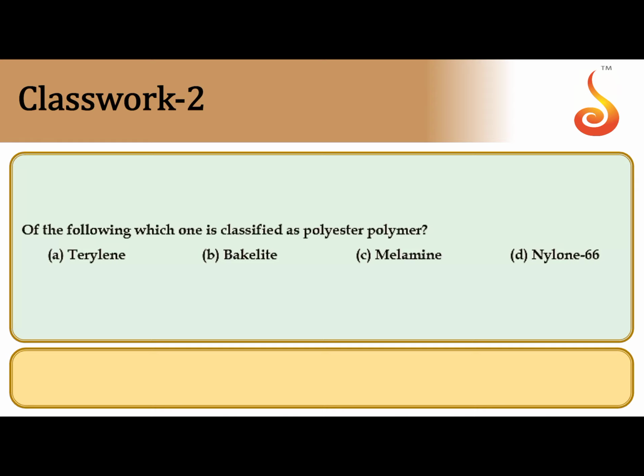Next one, which of the following is classified as a polyester polymer? Condensation polymers are formed due to the formation of ester or amide between two monomers. For the formation of ester, acid and alcohol groups are required. In one monomer an acid should be there, in another monomer an alcohol must be there.